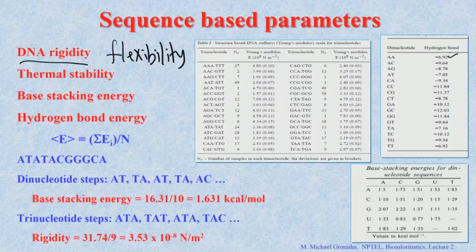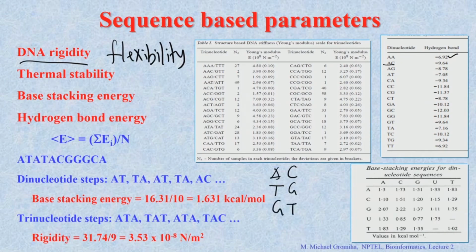For example, if you see AA, or if it is CA, CA is similar to the case of AC. What is the complementarity? TG. If you take the reverse, GT.